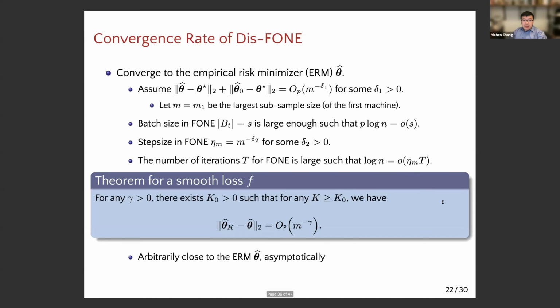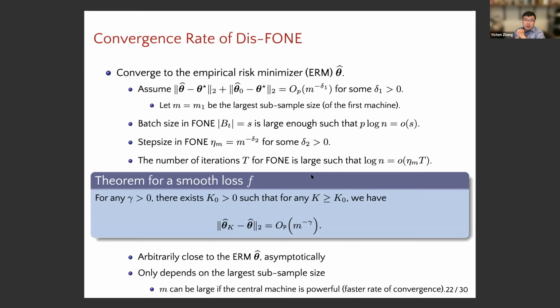So this distributed method can achieve any arbitrarily close to the global empirical risk minimizer asymptotically. Here it means that for any gamma greater than 0, as long as we have one more round or several more rounds of running these algorithms, we can achieve a good enough result.